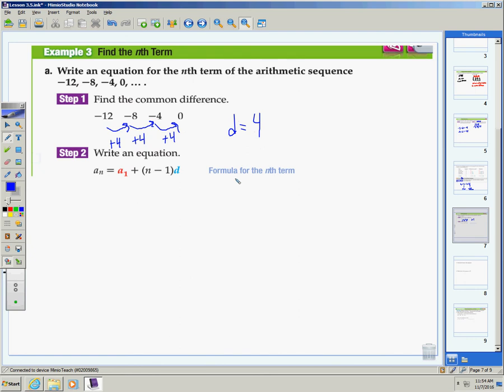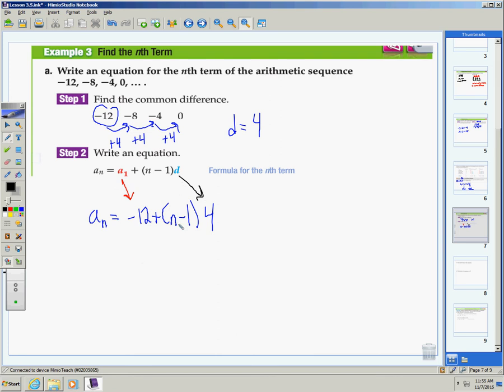Once you've found the common difference, you've done the absolute hardest part. Now to write the equation, a sub n equals a sub 1. This is my first term. Well, that's negative 12. Plus n minus 1 times d, which is 4. All you have to do is you plug in n minus 1, or a sub 1, which is your first term, and d, which is your common difference. That's all you have to do. It becomes super simple to do that.